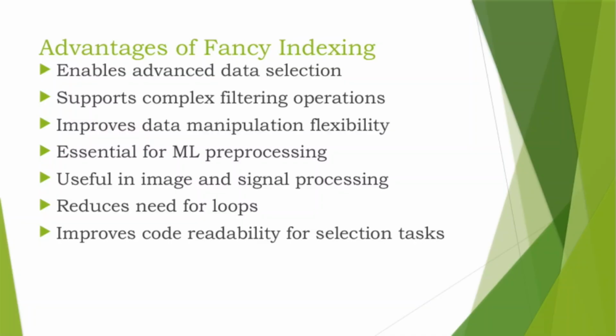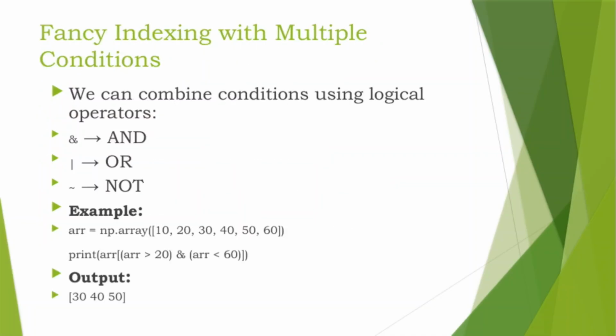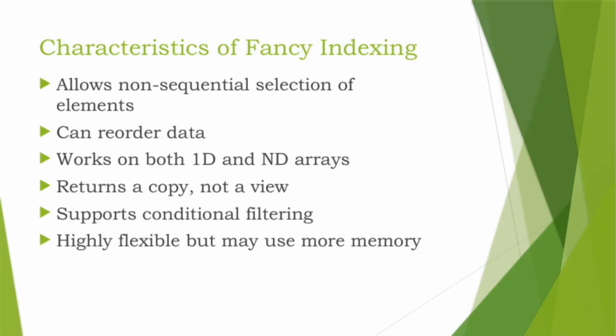In matrix operations, users often need to retrieve specific rows, columns, or individual elements located at different positions. Using row index arrays, NumPy can extract multiple rows simultaneously. Similarly, column index arrays allow the selection of multiple columns in any desired order.